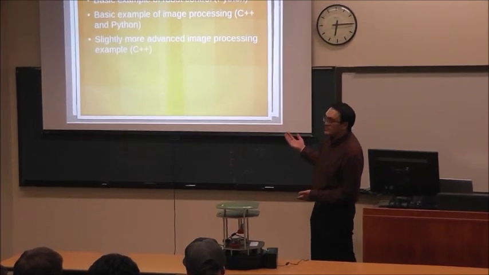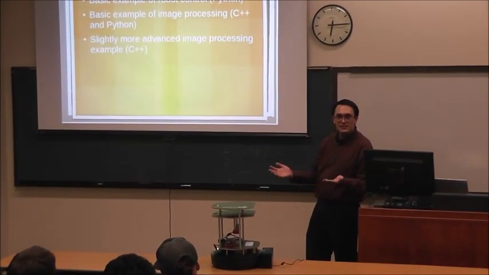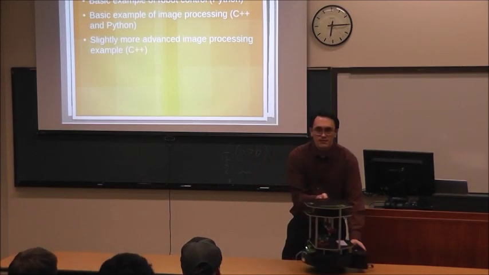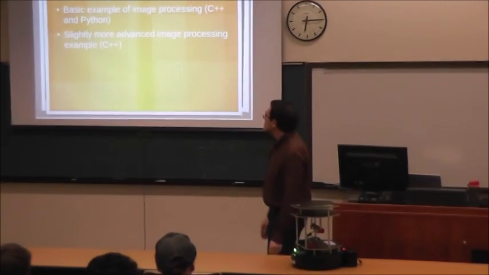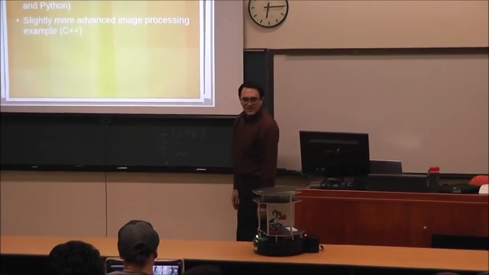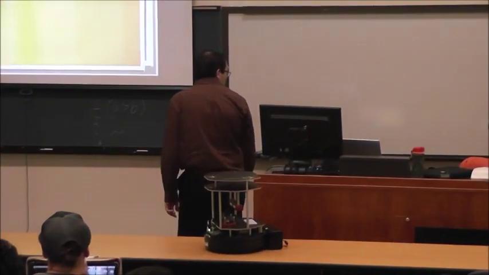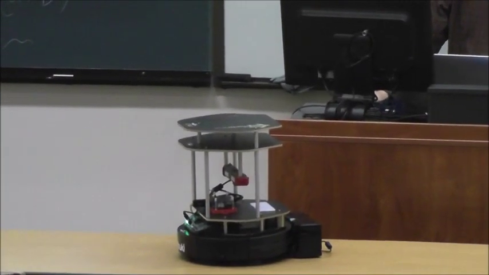Next one's going to be C++ and Python, two different versions of the same thing. And then a slightly more advanced image processing routine using C++. Just longer, uglier code, basically.